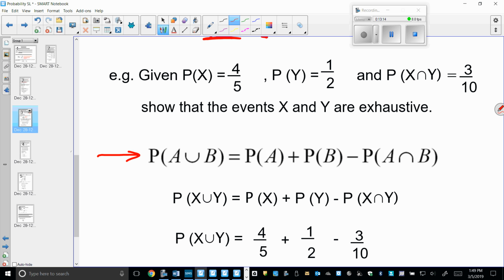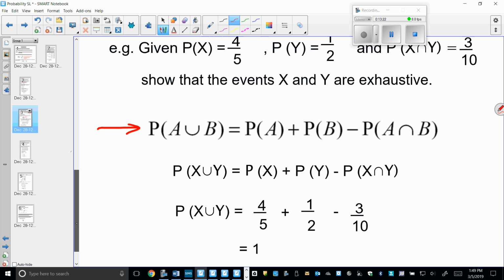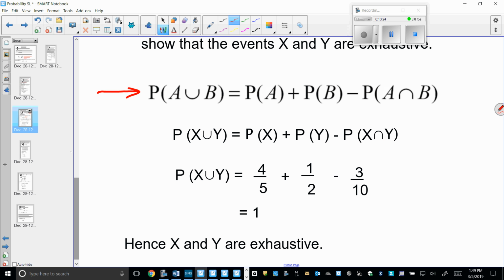I've just changed the letters for you so you're comfortable, so we've gone from A and B to X and Y. We know that X is this, Y is this, they've told us this. So we've added these up and we've got it equal to 1. So because the union is equal to 1, then they are exhaustive.